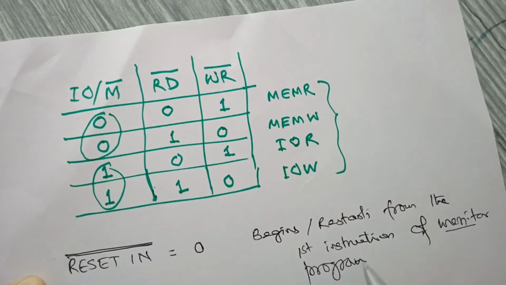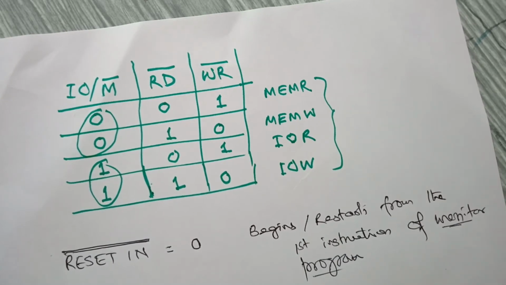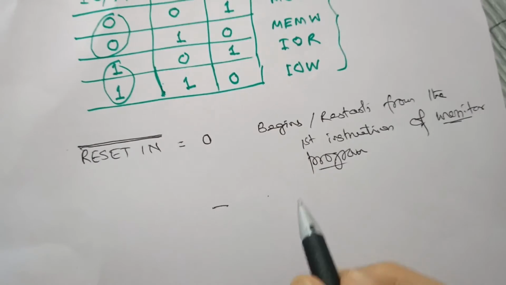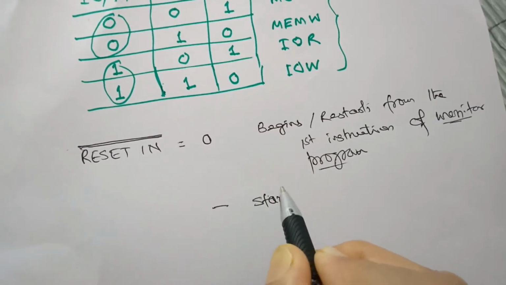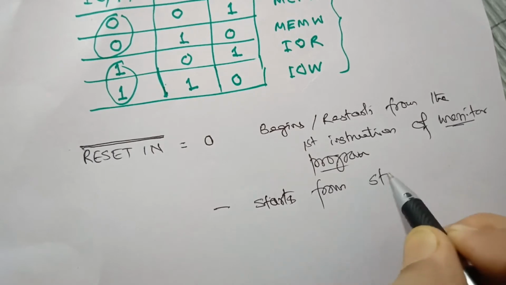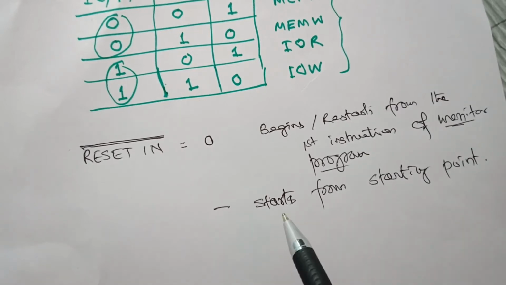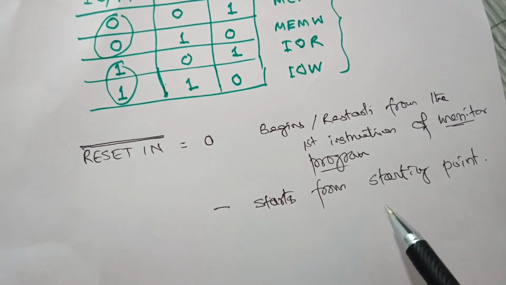What is the monitor program? The monitor program is, you can say, a set of housekeeping instructions, or it is an operating system. The microprocessor starts from the starting point, meaning starting from the beginning. So that is the reset in.